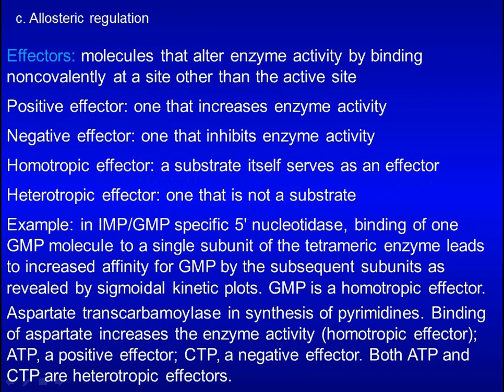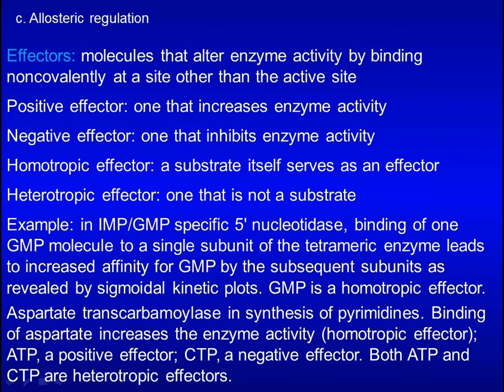For example, IMP-GMP 5' nucleotidase uses GMP or IMP as a substrate. Binding of one GMP molecule to a single subunit of the tetrameric enzyme leads to increased affinity for GMP by the subsequent subunits. So in this case, GMP is a homotropic effector.